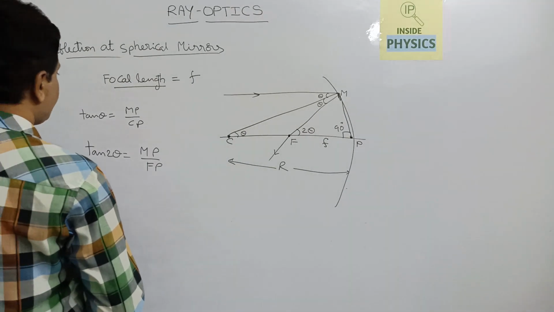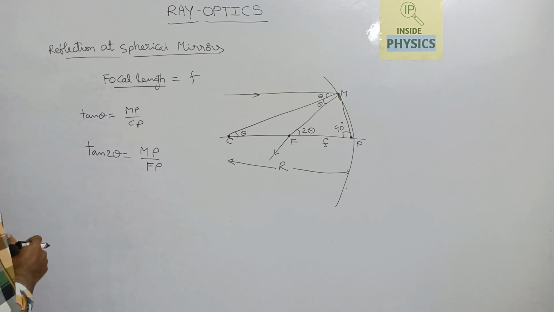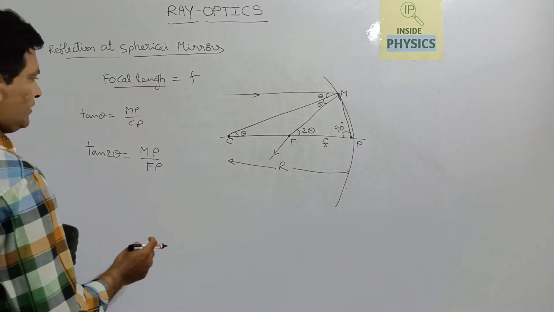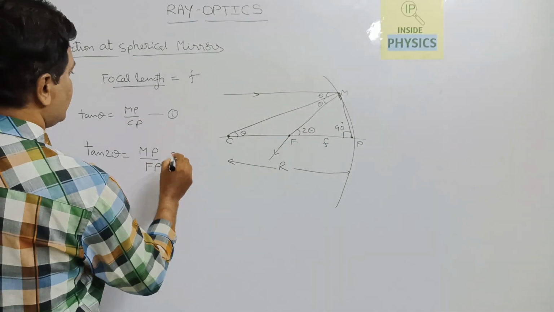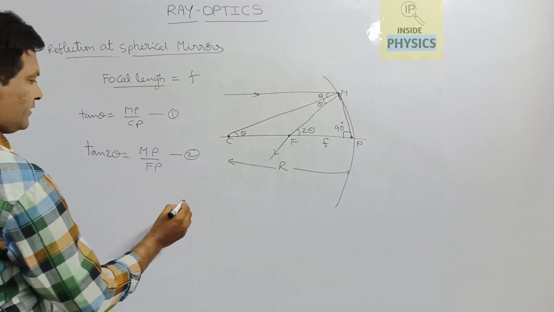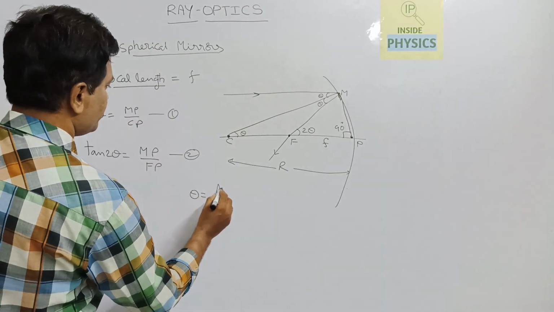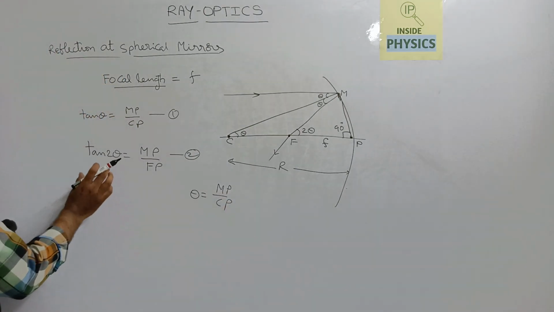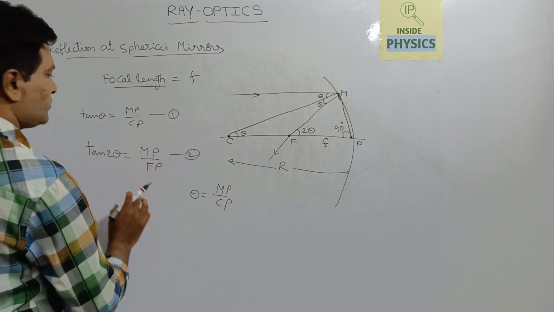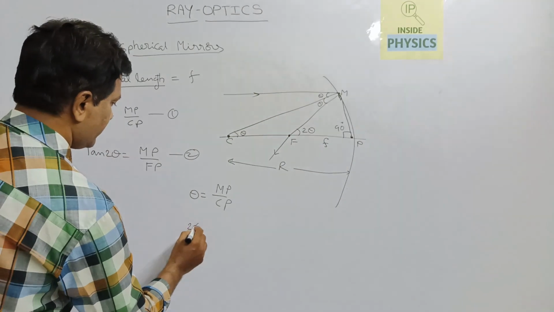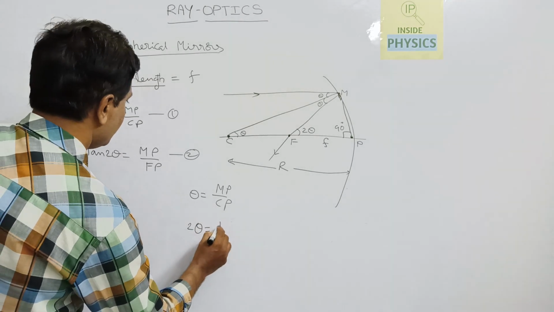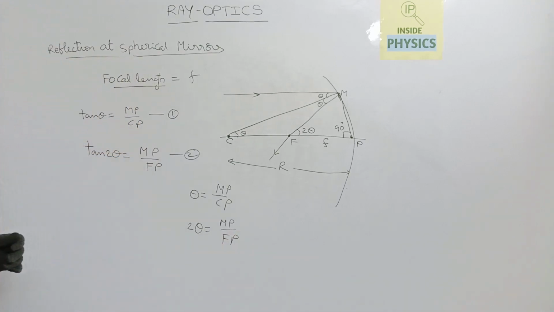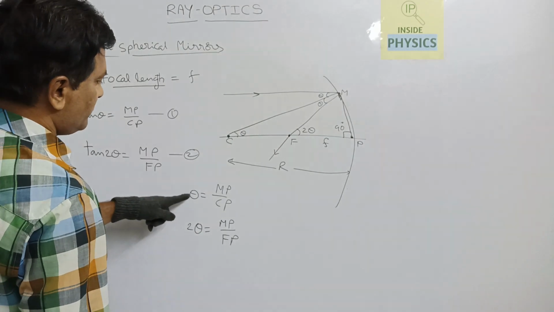For small angles of theta, we can write the first equation as theta is equal to MP by CP. And the second equation, if the angle of incidence is small, as 2 theta is equal to MP by FP.